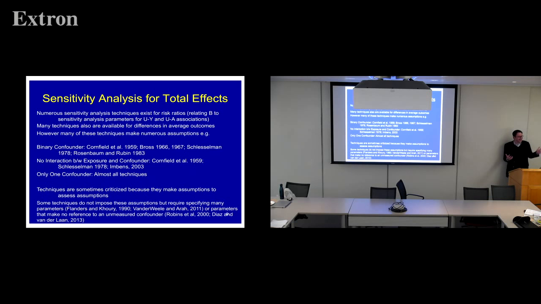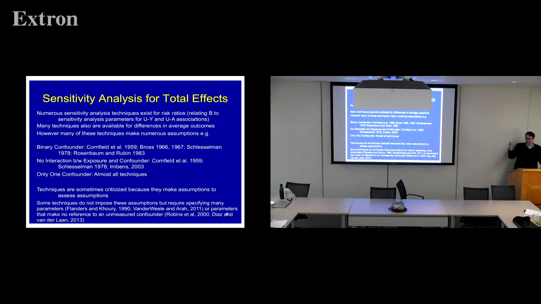Again, I'm quite happy with all the previous techniques as well. I've used them, but sort of had these criticisms both when teaching the material, but then also when trying to apply it in empirical studies. There are some techniques that don't impose these assumptions, but generally the ones that don't either require specification of a huge number of sensitivity analysis parameters.